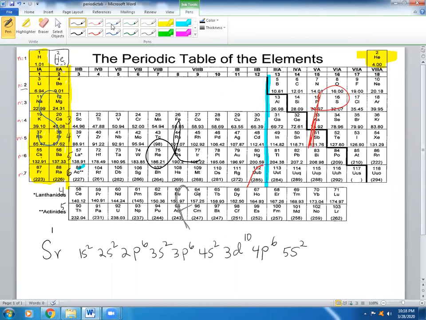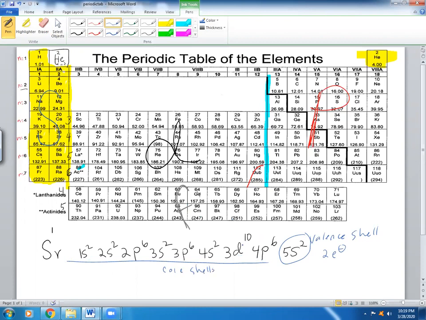Okay, quick question: where is your valence in this one? It would be the one with the biggest number. So that would be your valence. So you have 2 electrons in the valence shell. And everything else, all of this, are the core shells.